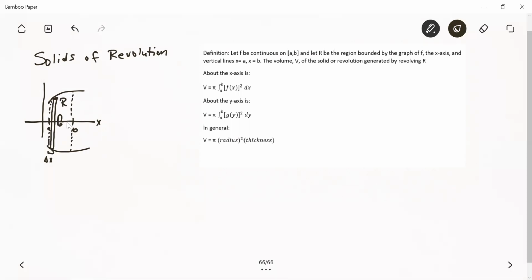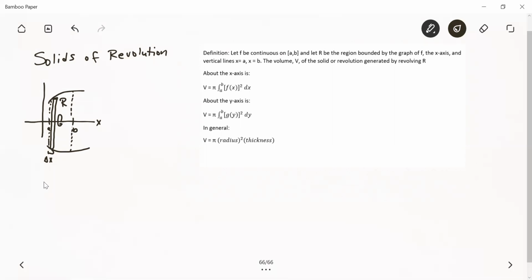So it's going to be revolving around the axis. If it's about the x-axis, we're going to use this formula. The volume is equal to pi times the integral from a up to b of our function squared, dx.